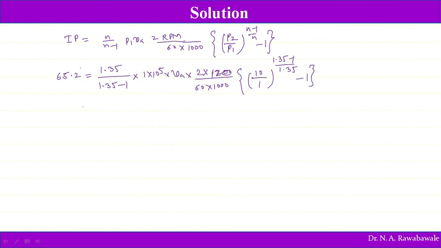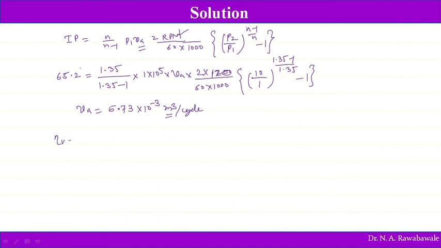If we simplify, we get Va as 5.73 into 10 to the power of minus 3 meter cube per cycle. Per cycle, because here we are multiplying with RPM, so this gives per minute.